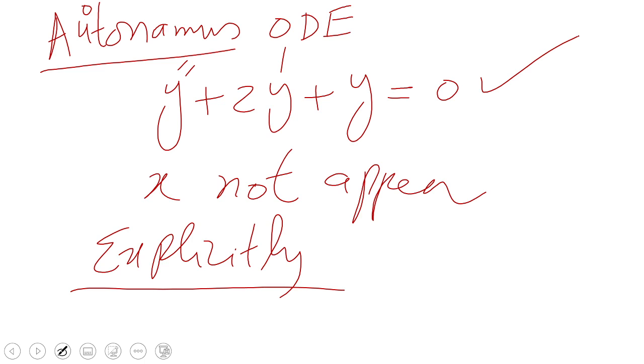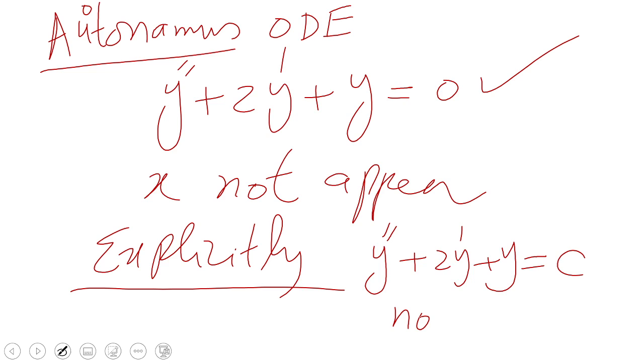You see, it is also homogeneous. But if I write this differential equation as y double dash plus 2y dash plus y is equal to a constant, now you see, it is non-homogeneous, but it is autonomous, because there is no x.